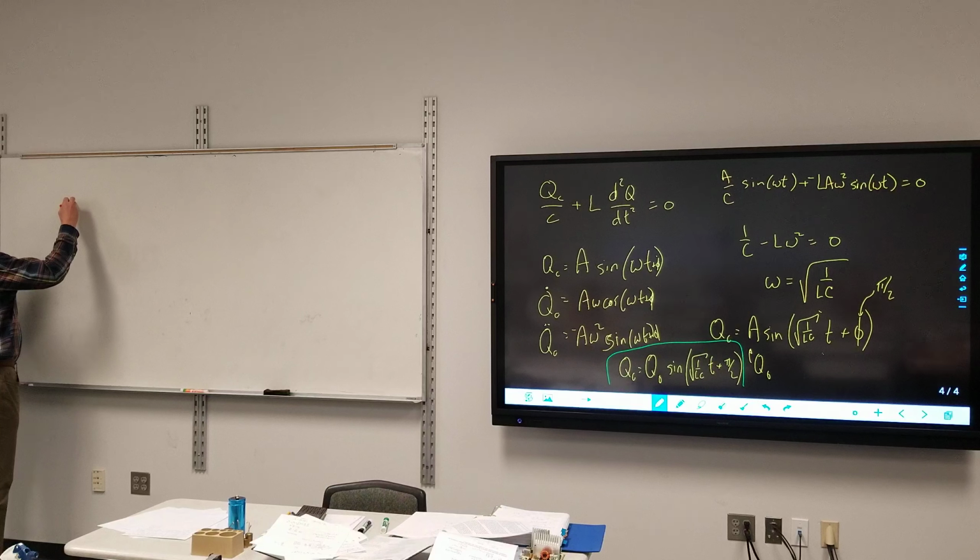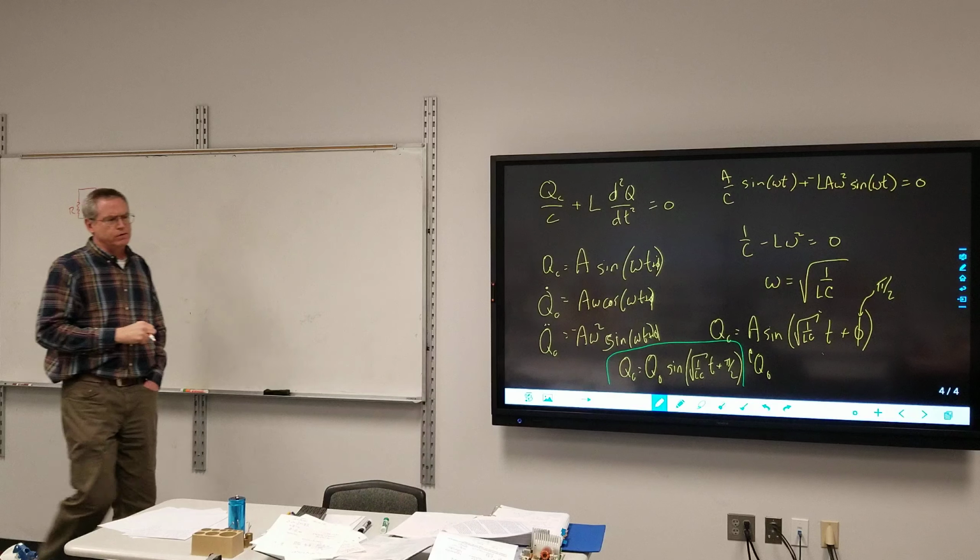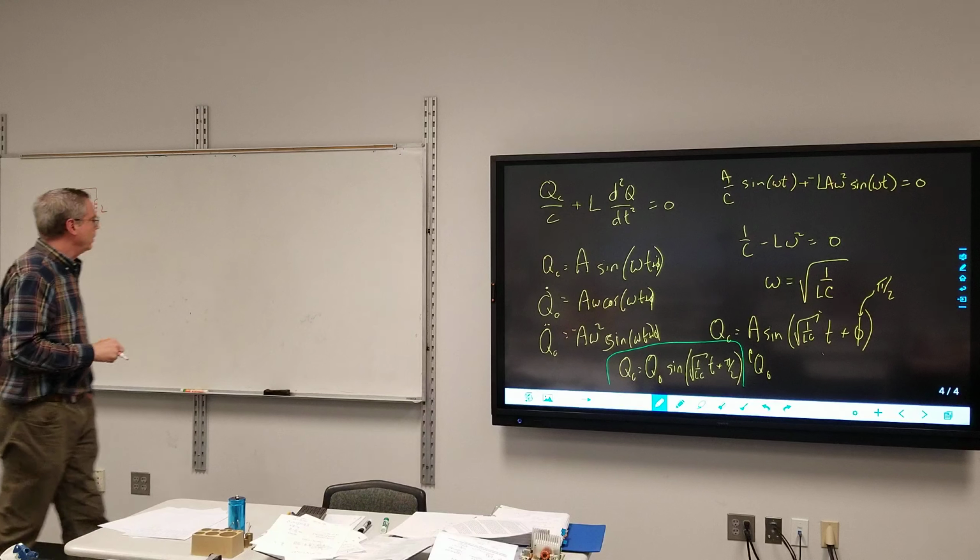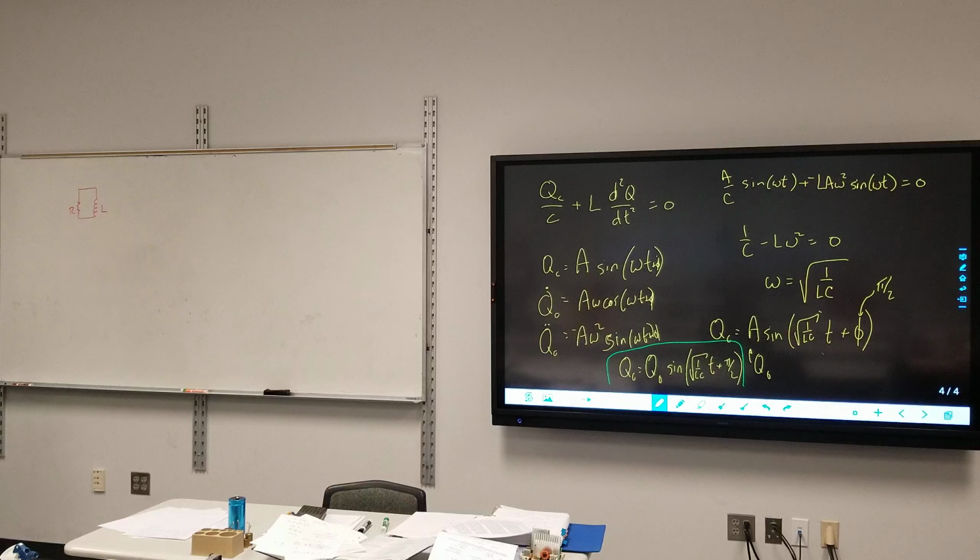RL circuit. So I know that the potential gains and losses must add up to 0 when I go around the circuit.